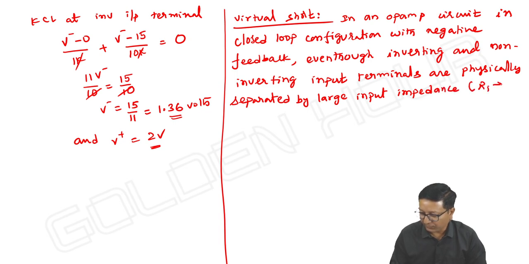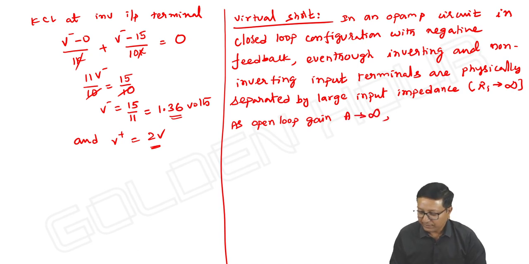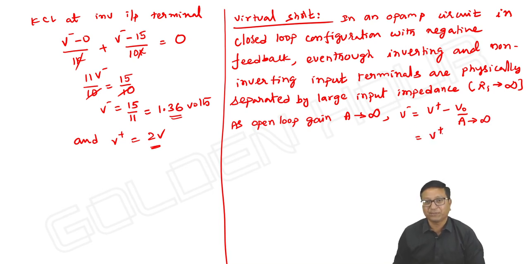That means Ri is tending towards infinity, even though they are separated by infinite input impedance. As open loop gain A approaches infinity, V minus is equal to V plus minus V output by A, that A is tending towards infinity, means V minus is equal to V plus.